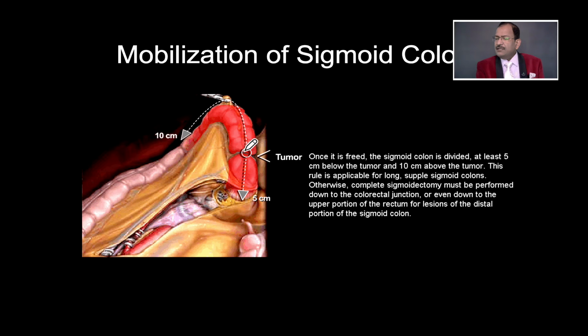So 10 centimeter proximal. Why? Because lymphatic drainage is proximal, so more metastasis is proximal. And 5 centimeter distal, you will mobilize the colon. And after mobilizing that colon, you can fire the endo-GI linear stapler.